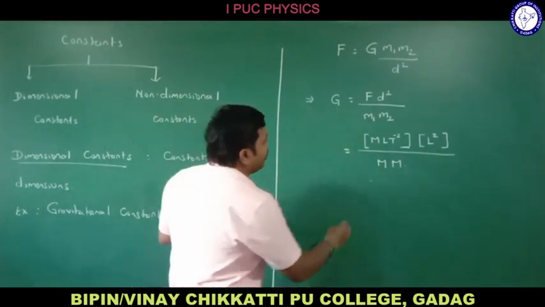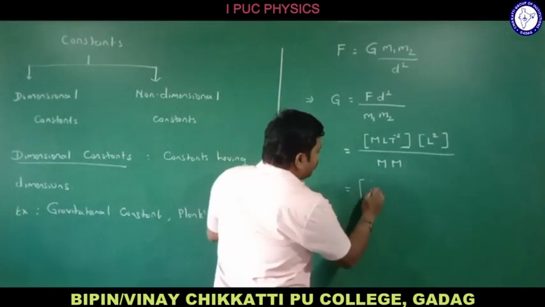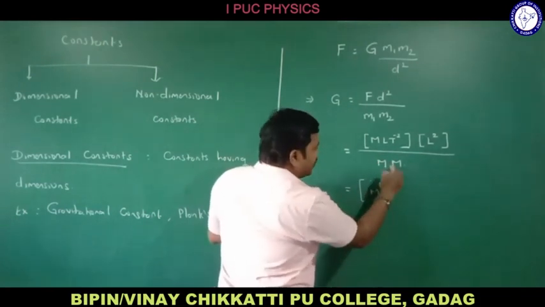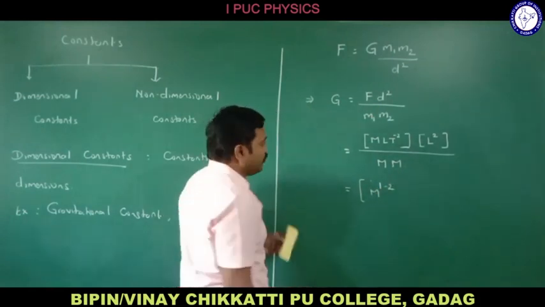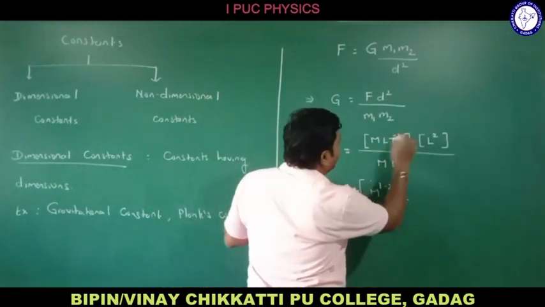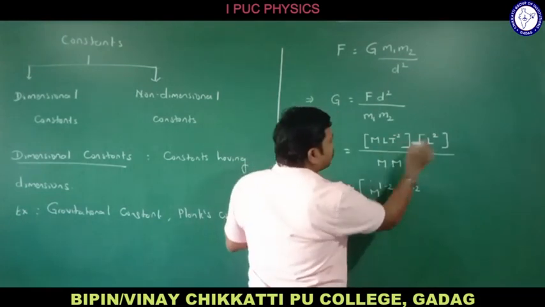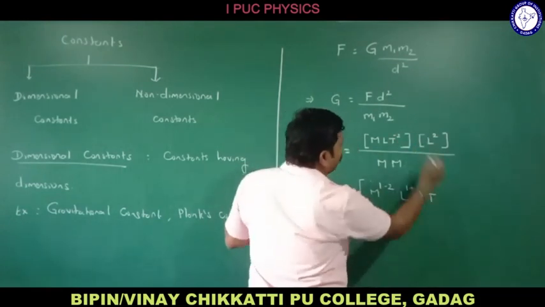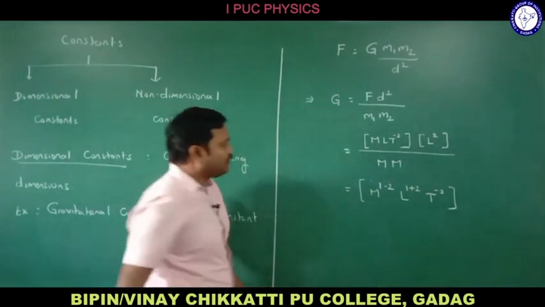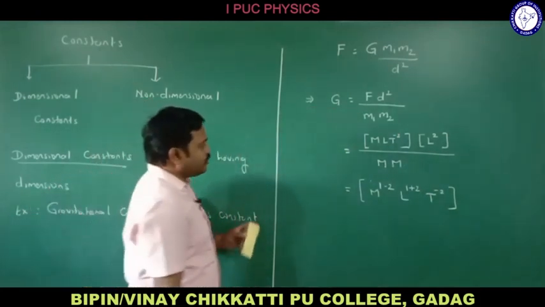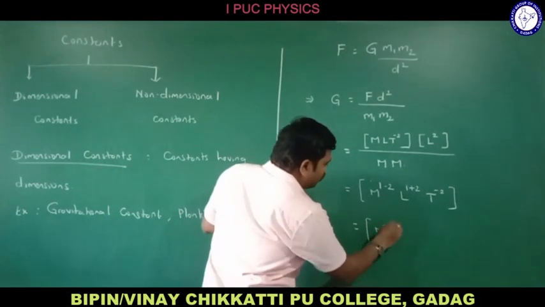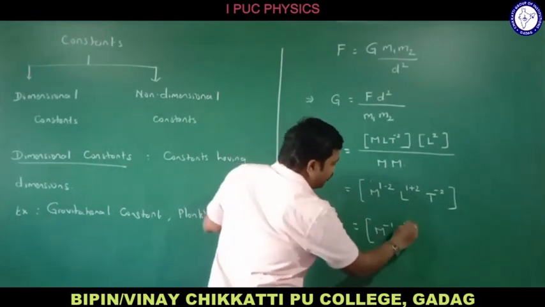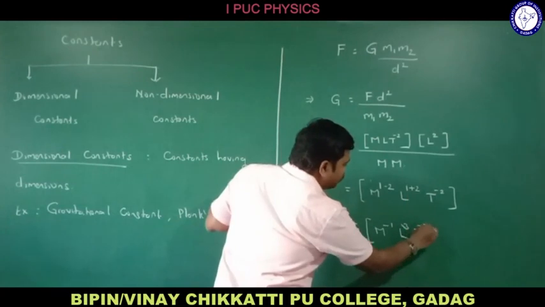So what do you get from this? Substituting M, here there is M square. If it goes to the numerator, M raised to minus 2. So for L we have 1 plus 2, because we have L here. For T, we get minus 2, right? So this can be written as M raised to minus 1, L raised to 3, T raised to minus 2.